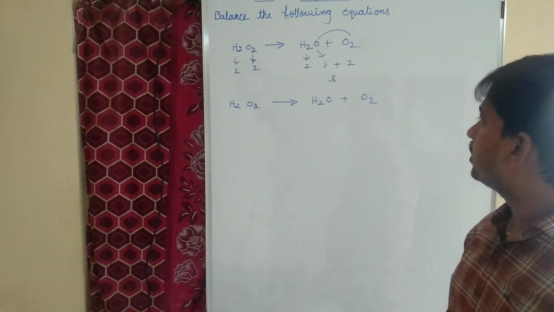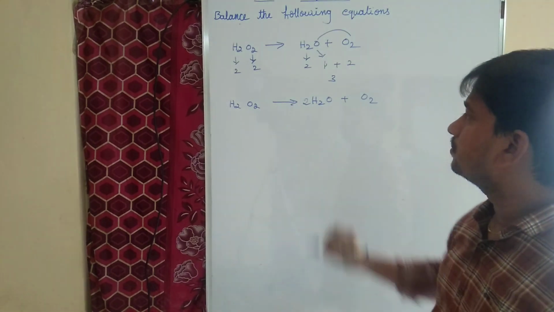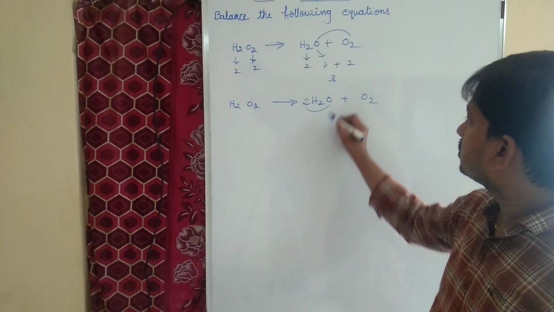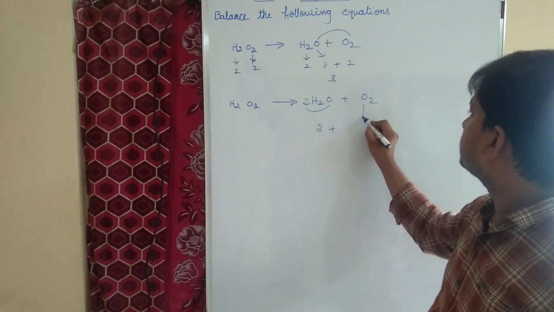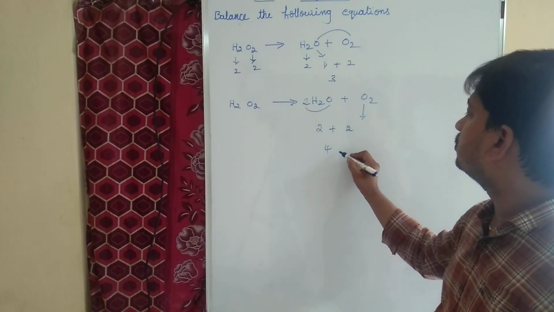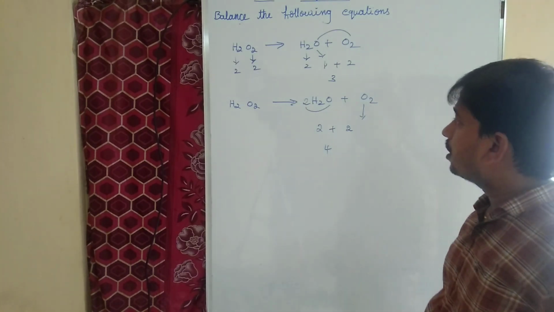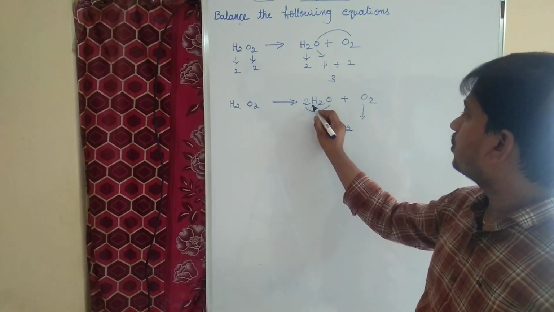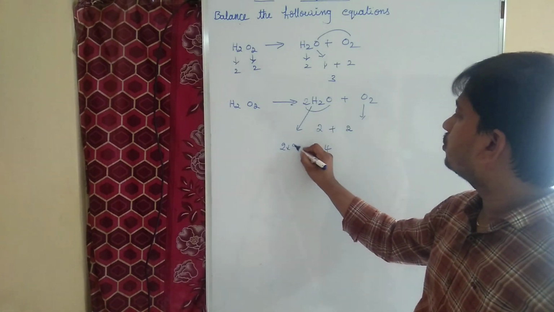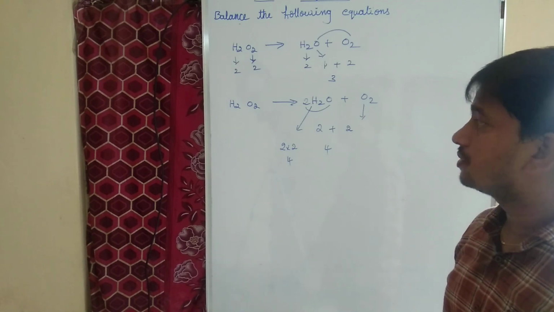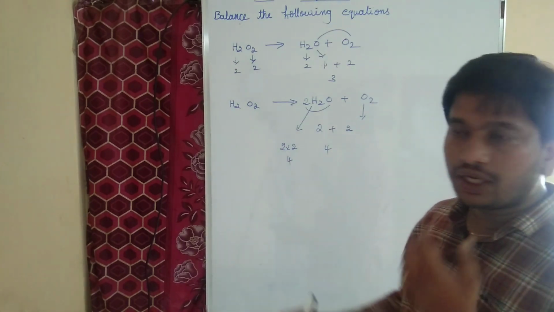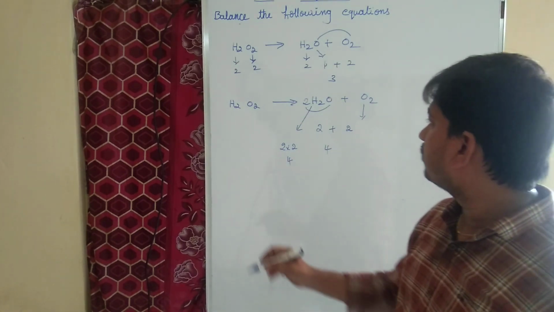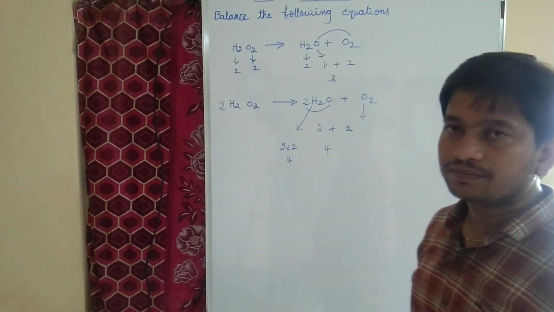So what I want to do children, let me add 2 over here. Now 2 atoms of oxygen here as well as 2 atoms of oxygen here, 2 plus 2, 4. So oxygen atoms get balanced. During that process, if you observe hydrogen atoms, 2 into 2, total 4 hydrogen atoms, but on LHS we have only 2 hydrogen atoms. So what I have to do? I have to add 2 over here.